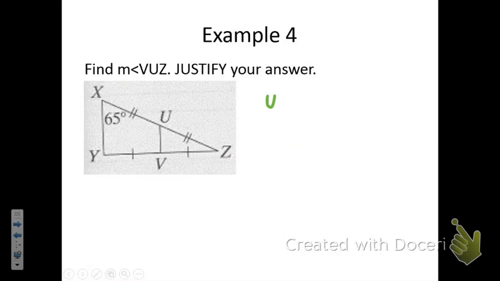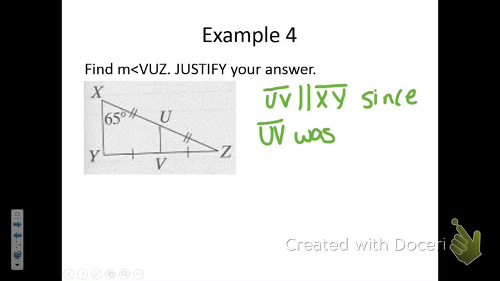So I knew that UV was parallel to XY since UV was a midsegment. Okay? And so we knew it was a midsegment that told me they were parallel.